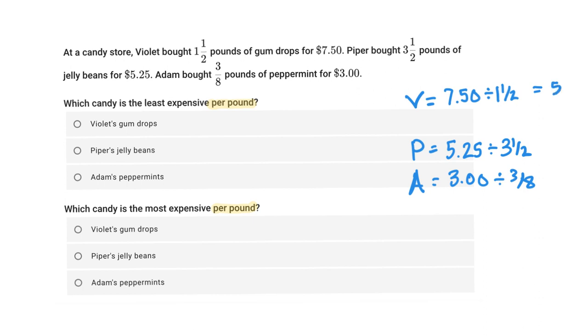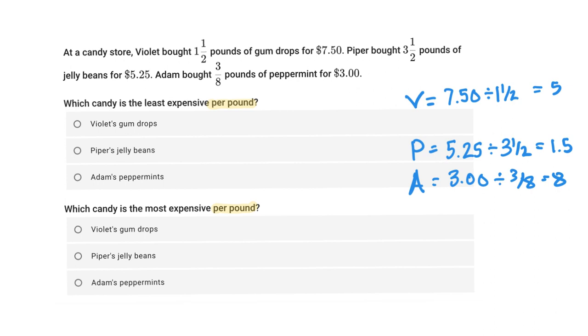Violet ended up being $5. Piper's candy cost about $1.50 per pound. And Adam's cost $8 per pound.